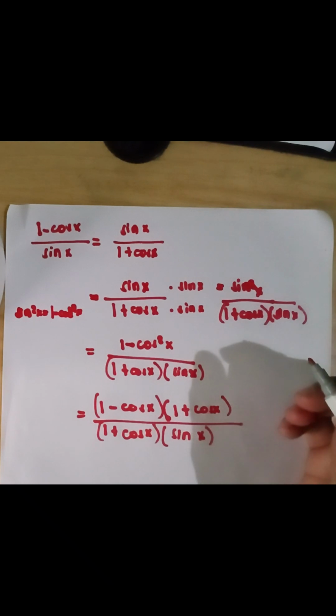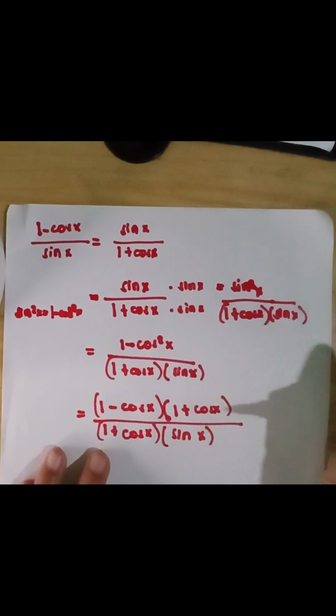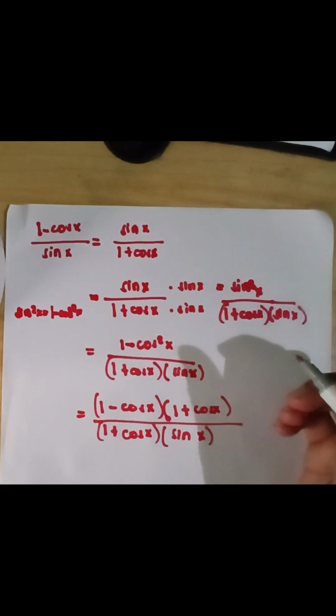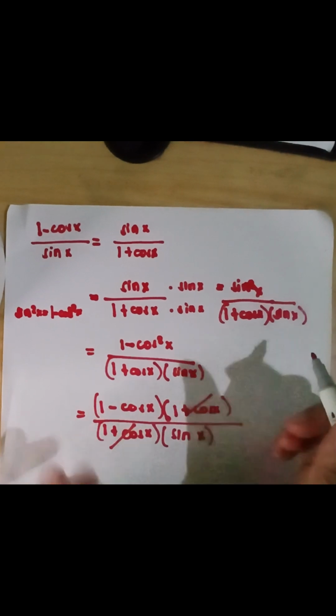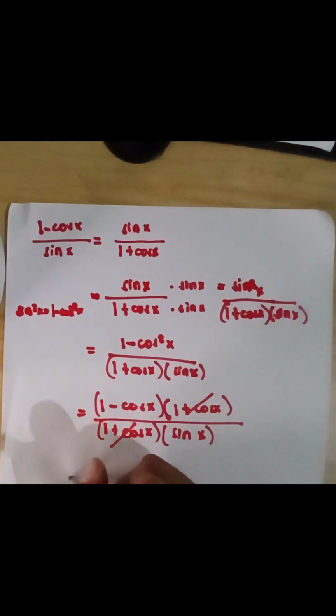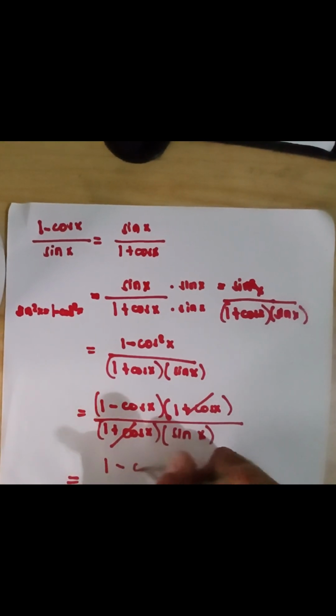Now let's cancel out the same value. So the same value is 1 plus cosine x. So the final answer is 1 minus cosine x over sine x.